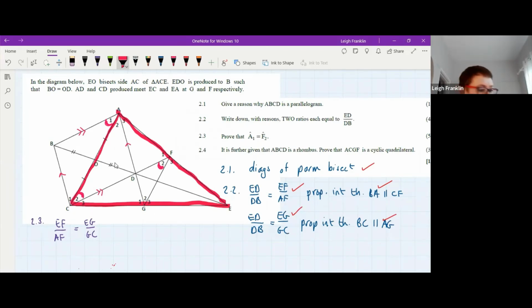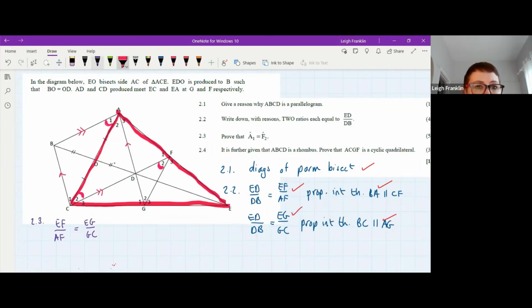So if EF over FA is equal to EG over GC, that means that FG must be parallel to AC, okay, because there's a line that cuts the two sides of a triangle into the same proportions.